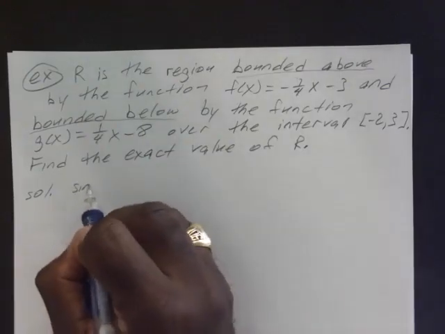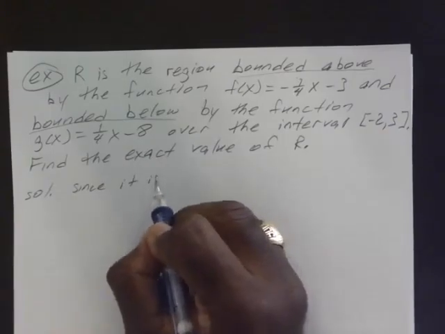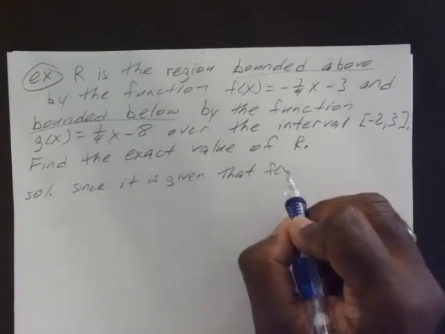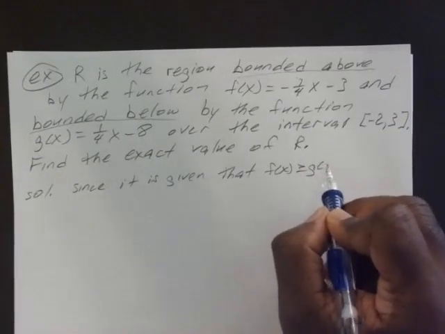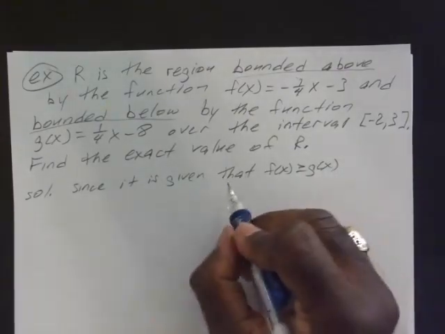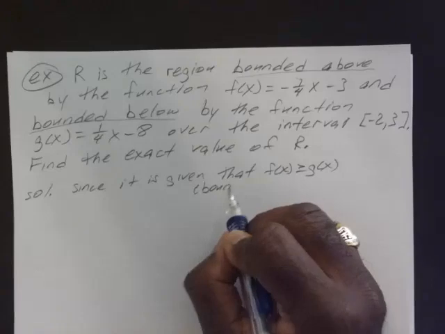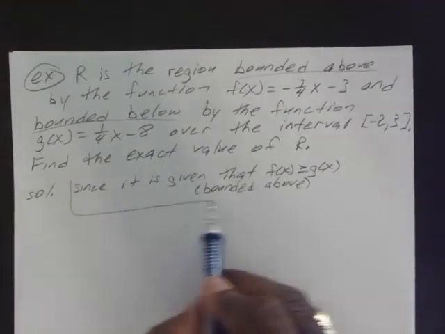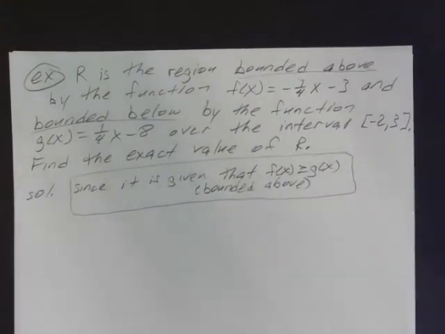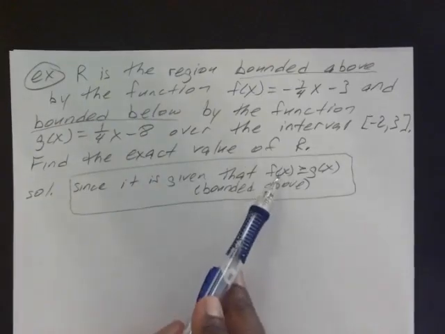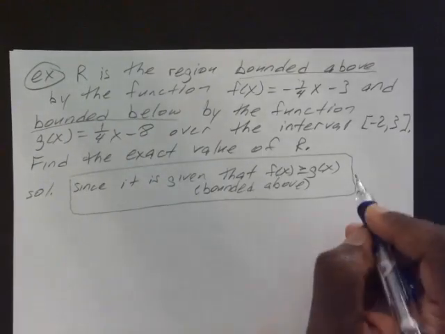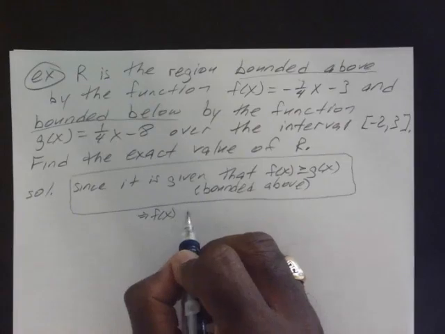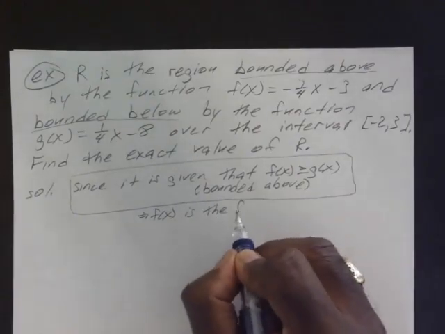Since it is given that f of x is greater than or equal to g of x, and again, we knew that when it said it's bounded above, that tells us that f of x will go first. So it's going to be f of x minus g of x.